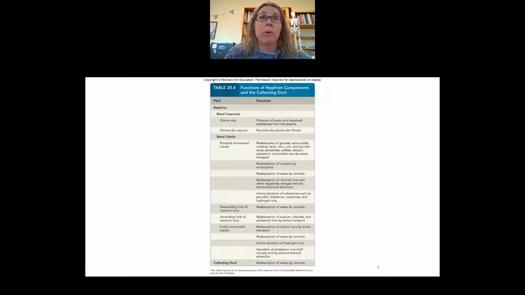Table 20.4 goes through each of the portions of the nephron, okay, the corpuscle, and what each of those things do. That might be good for review there as well.